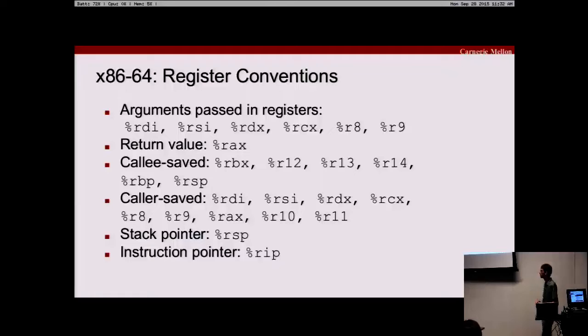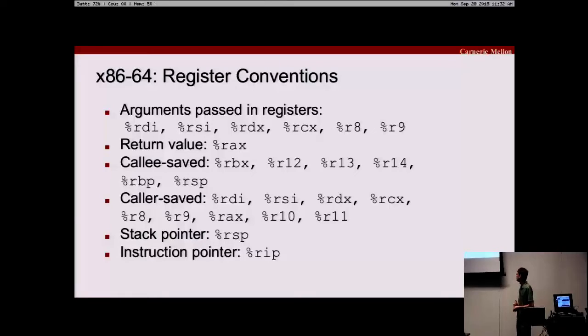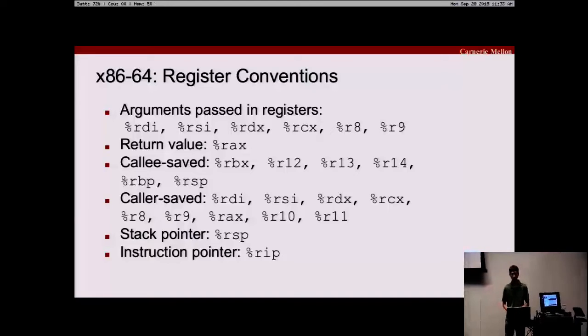Your first 6 arguments to a function will be passed in these 6 registers in this order. Your first argument is passed in RDI, and then the next one in RSI, and so on and so on. The 6th one is passed in R9, and then anything beyond that, 7 through however many you have, will be put on the stack. This will be important to you because this is where your arguments come in.